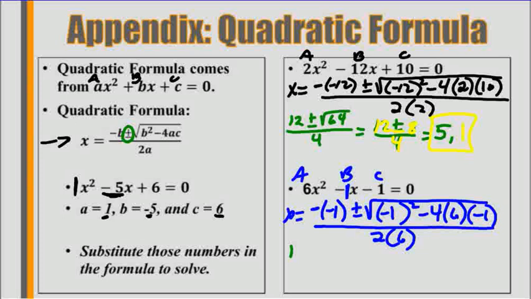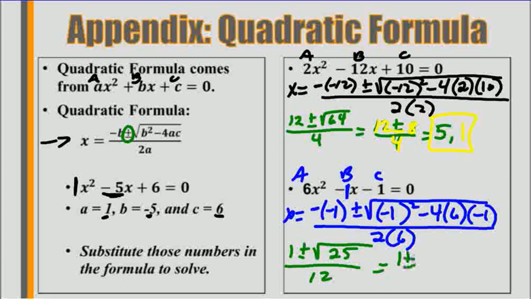Simplify, -1 is just 1 plus or minus the square root. 1 squared is 1. 4 times 6 is 24, times -1 is -24. So 1 minus a -24 is 25. So this is the square root of 25 divided by 12.